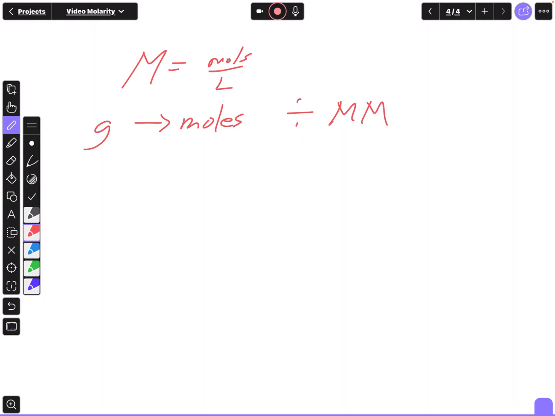Or if I'm asked to solve for grams, I would need to use my equation to solve for moles. Then I would need to convert that to grams by multiplying by the molar mass. Remember, if you're going grams to moles, your moles should always be less than your grams. If you're going moles to grams, grams is always going to be bigger than moles, so you should know to multiply by molar mass.